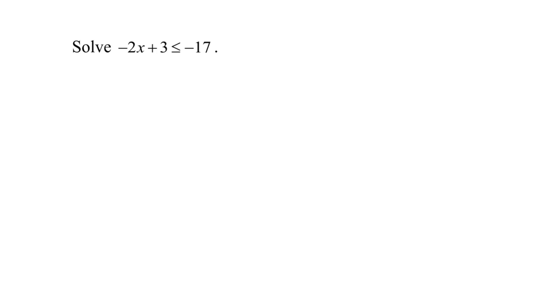I saw that there is a positive 3 on the left hand side of this inequality. So this is what I'm going to do. I am going to minus 3 on both sides of this inequality such that in the next line I will still have my negative 2x.